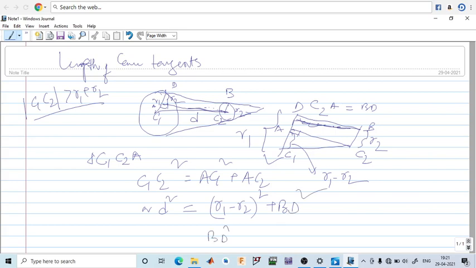Then BD square equals d square minus (r1 minus r2) whole square. This is the calculation of the direct common tangent. So BD equals root over of that. This is the length of the direct common tangent.